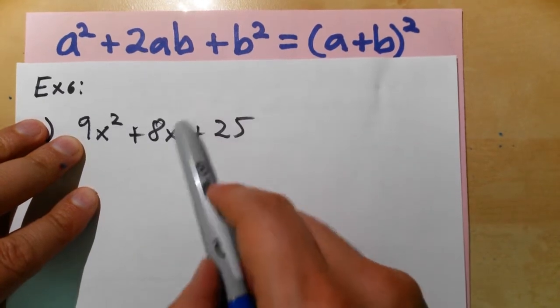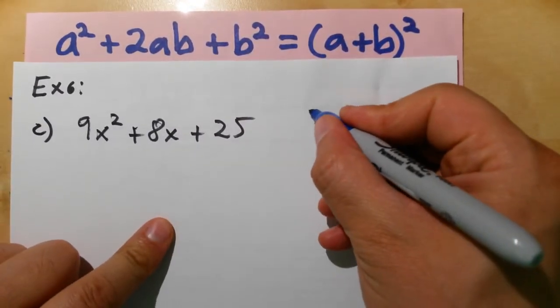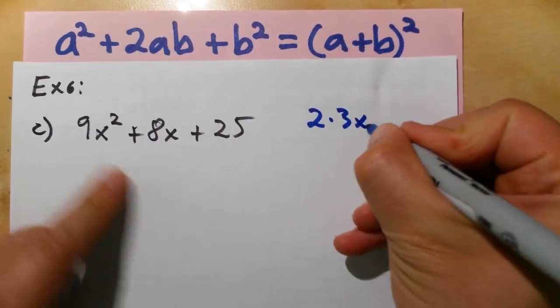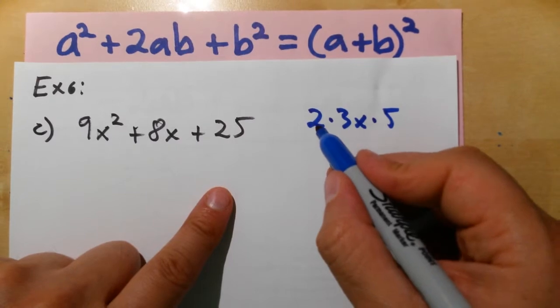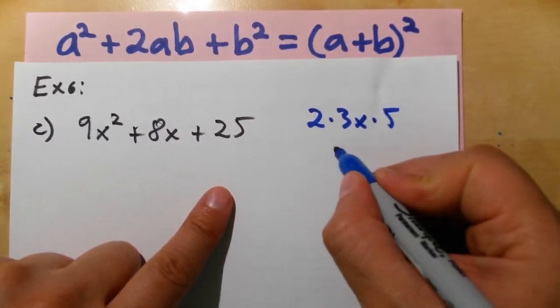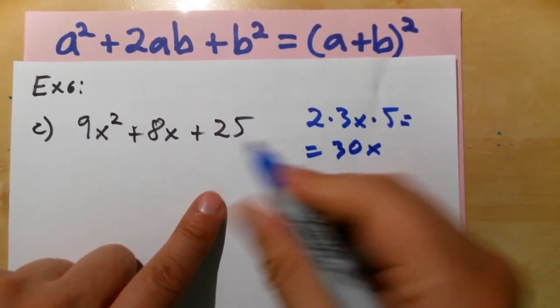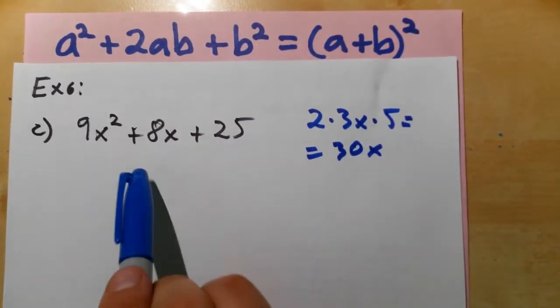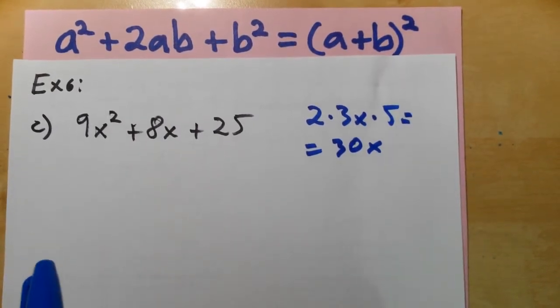Okay, so what would the 2ab value be? Well, if we multiply 2 times 3x times 5, this becomes 3 times 2, 6, times 5, 30. We get 30x. So this doesn't match the middle term, so this is not a perfect square trinomial. So we know that it's a complex trinomial.